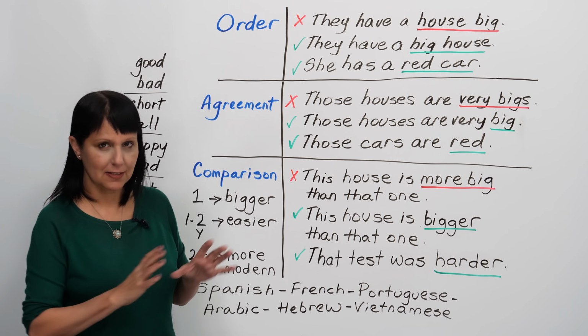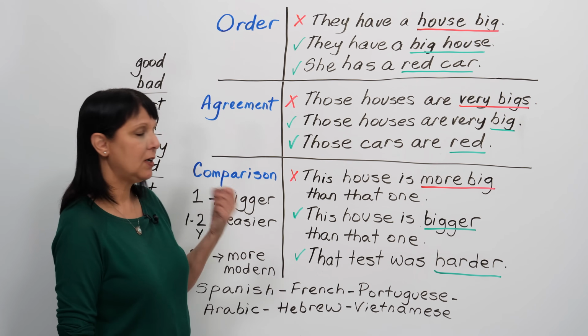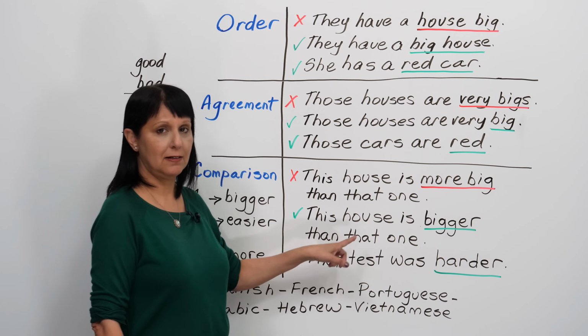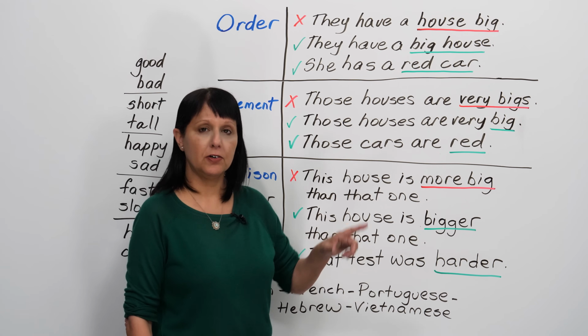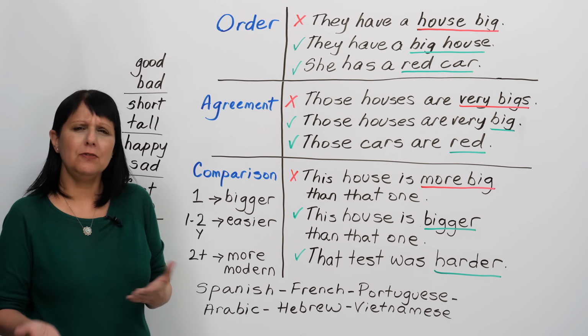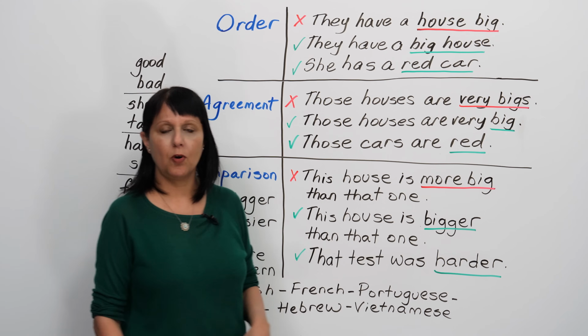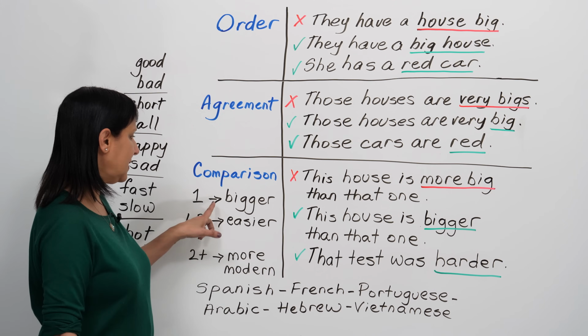So let's look at some quick examples. So this is incorrect in English. What it should be is, this house is bigger than that one. Or, that test was harder. Not more hard, harder. So how do you know when to add the ER or when to say more? Well, again, very quickly, the rule is something like this.